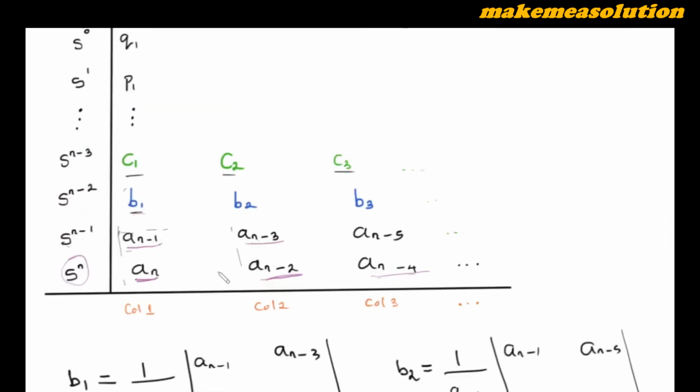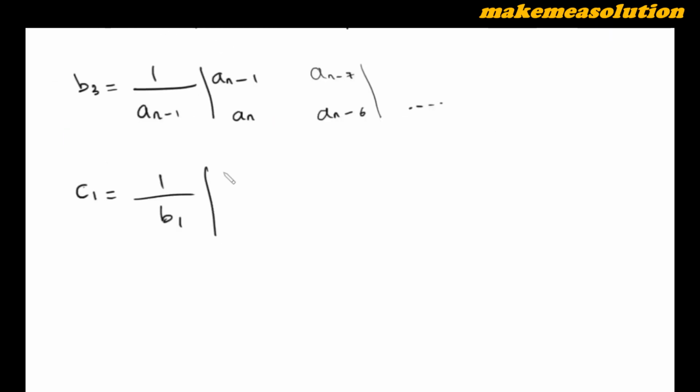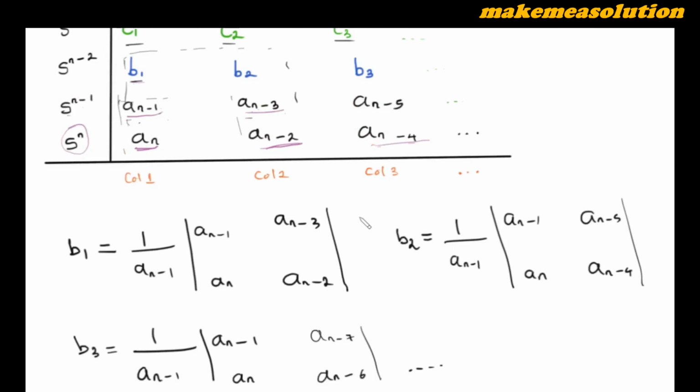Then you now find the determinant between this term over here, this collection over here, this array. So you have B1, B2, you have an minus 1 and an minus 3. Is that okay? So that is going to be for your C1.